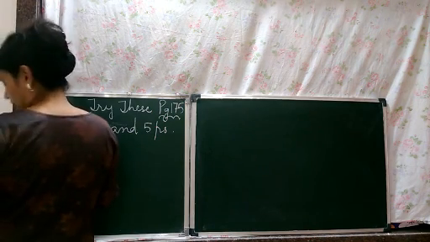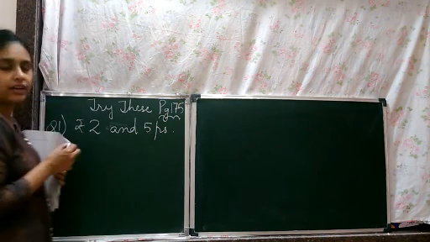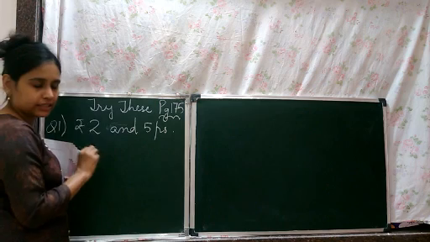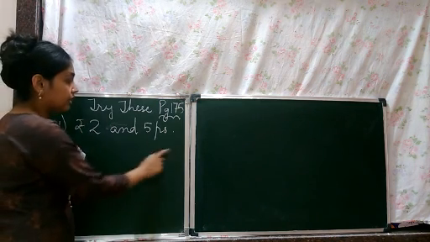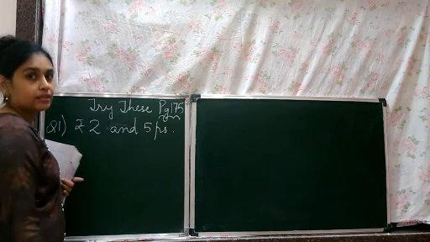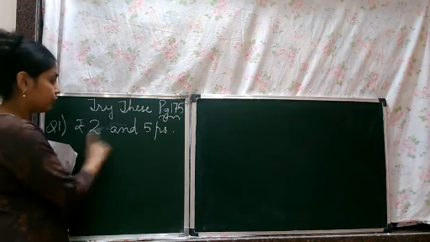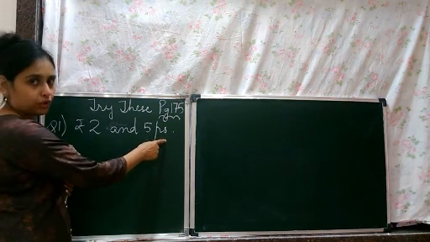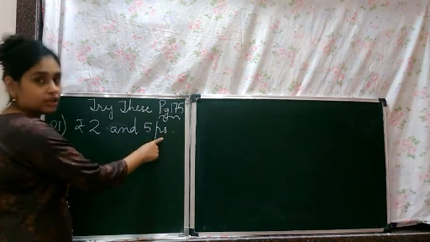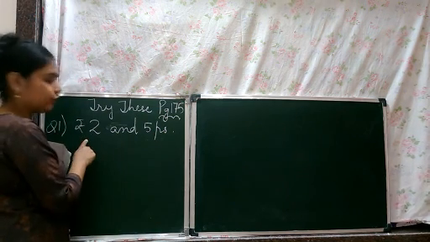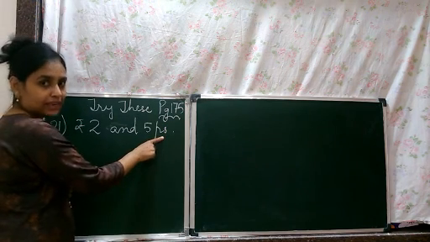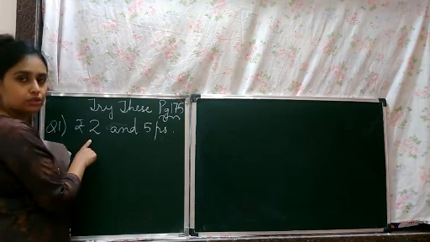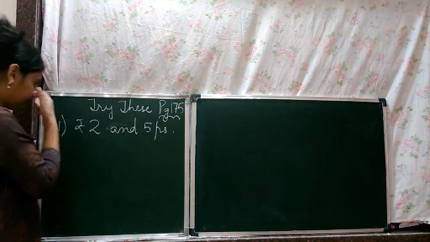We have to convert it in decimal. Converting it in decimal means we need to convert the small unit. Who is smaller here? Rupees or paise? Obviously paise is smaller. So we have to convert the smaller unit into the bigger unit. That means 5 paise is going to convert into rupees.